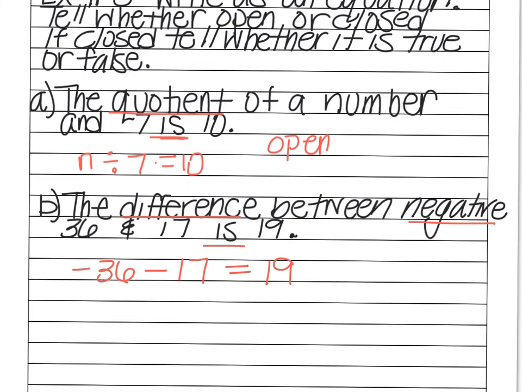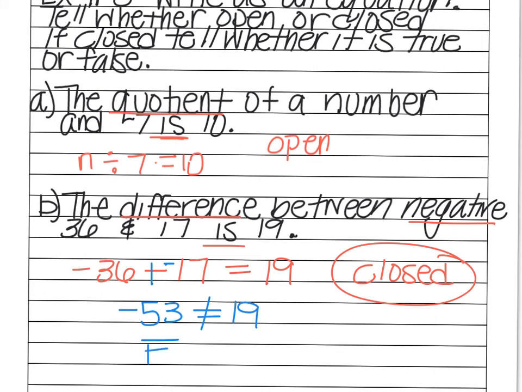Since we're only using numbers and symbols here, we know that this is going to be closed. And if it's closed, we then have to see if the answer is true or false. Does it make a true statement or a false statement? So this is going to be adding negatives. Negative 36 minus 17 is negative 53, and that does not equal 19. So you know that this is a false statement.